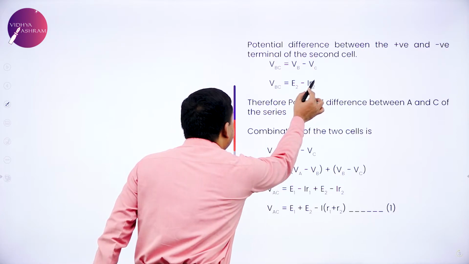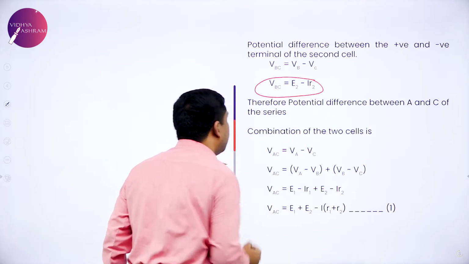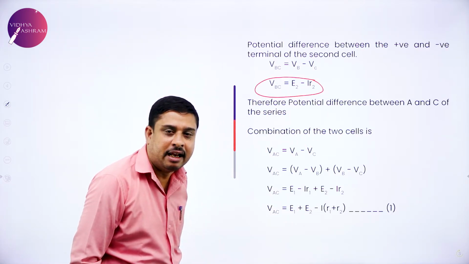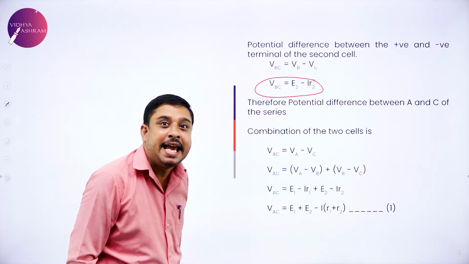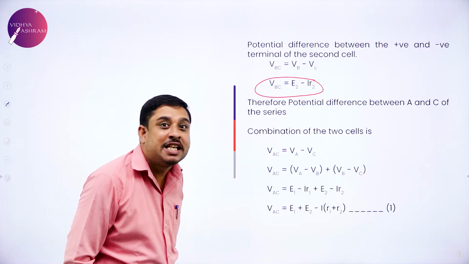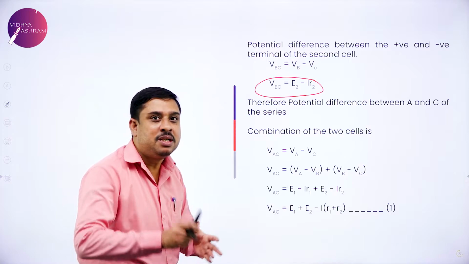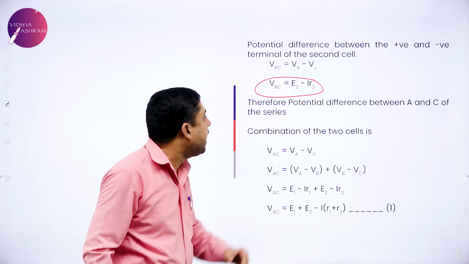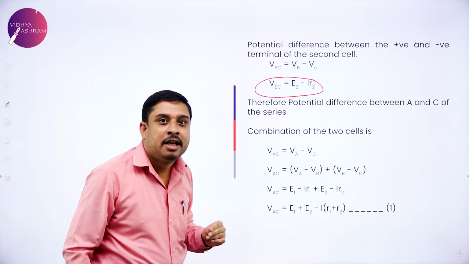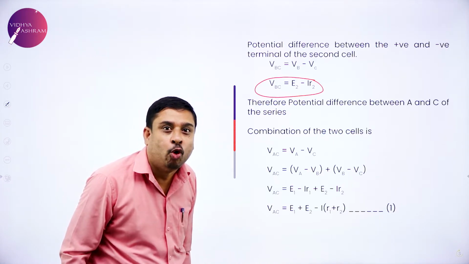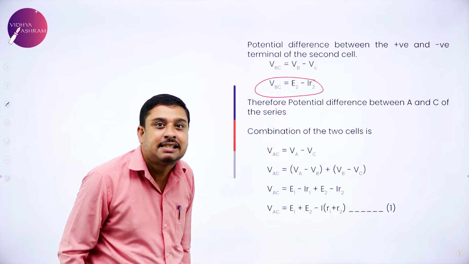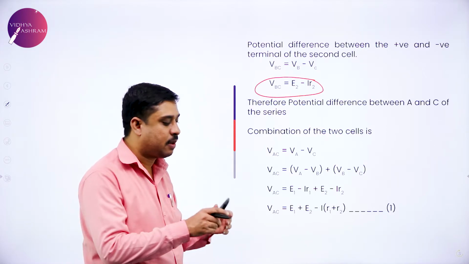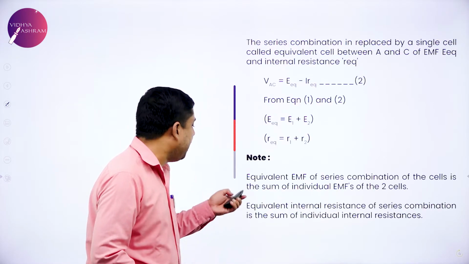So this is giving me the potential between the electrodes of the second cell. If you observe, in both the cases I have written I, it is not I1 or I2, because the cells are in series.